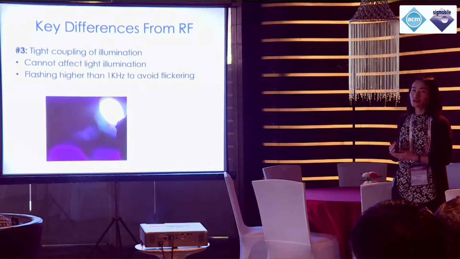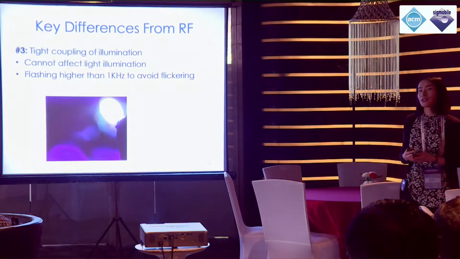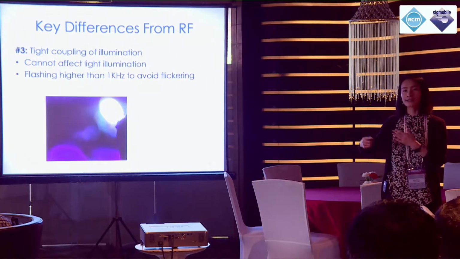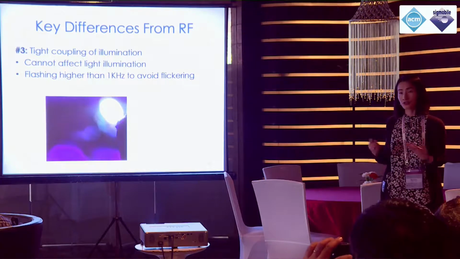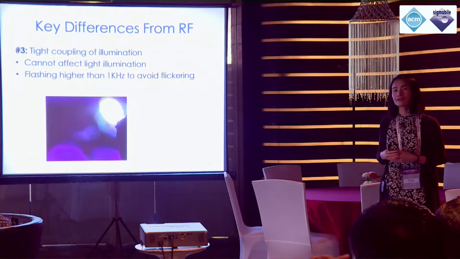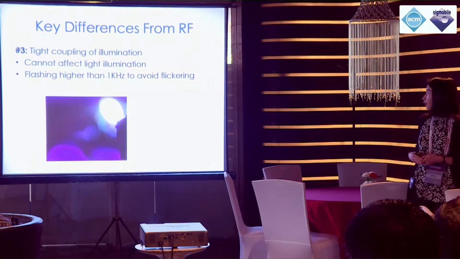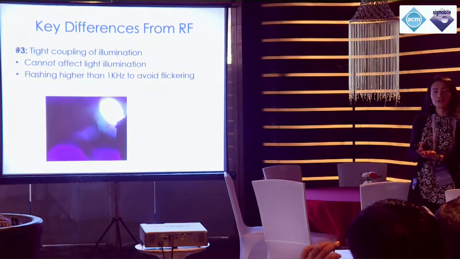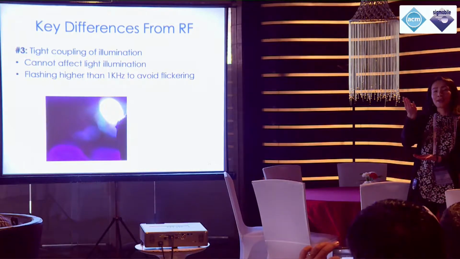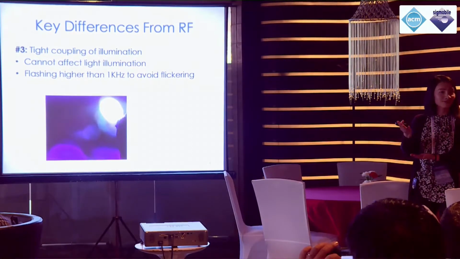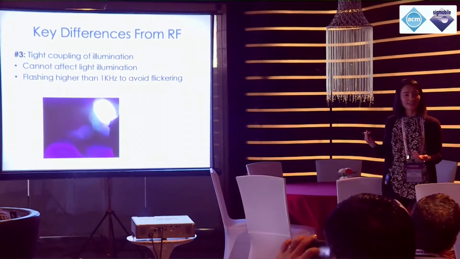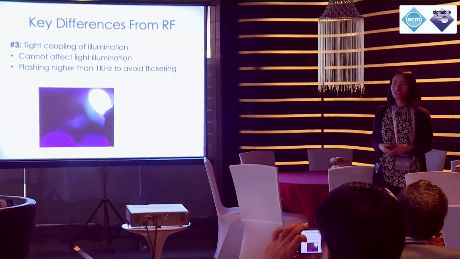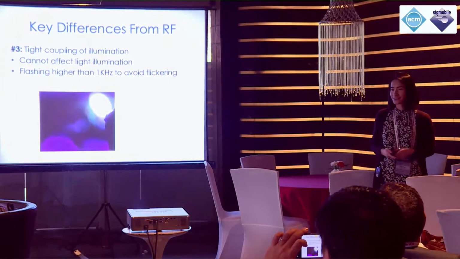So you want to make sure that for the intensity-based modulation, the speed is high enough so that it won't cause any flickering effect or discomfort to the user. Oftentimes the threshold is 1 kilohertz, meaning any changes above 1,000 times a second will be safe for the user based on the literature. So that's a threshold to keep in mind if you are trying to modulate the changes of the light.